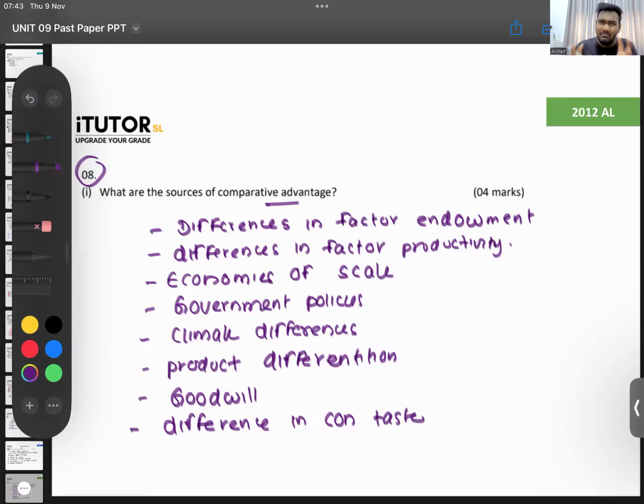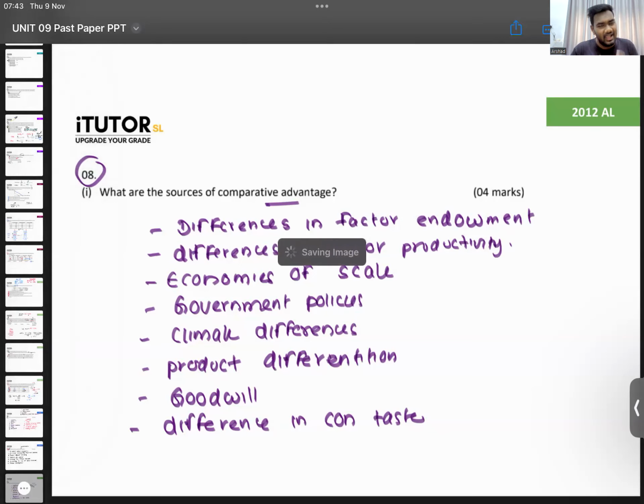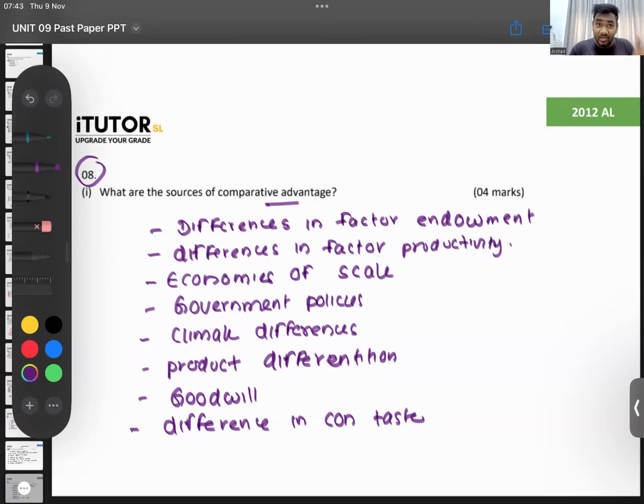They can give you some numbers and ask, who has the comparative advantage, who should specialize, and then ask based on your answer, what are the reasons that let's say Sri Lanka has the comparative advantage for this. So these are the sources. Sources for comparative advantage are also the reasons why a country has a comparative advantage.